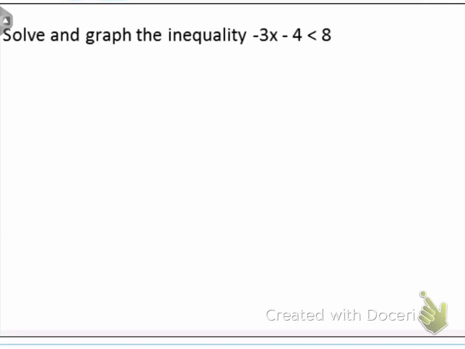Solve and graph the inequality. Alright, this one's a little bit harder. So, let's do this. So those are my two sides of the inequality. So, first step, add 4.